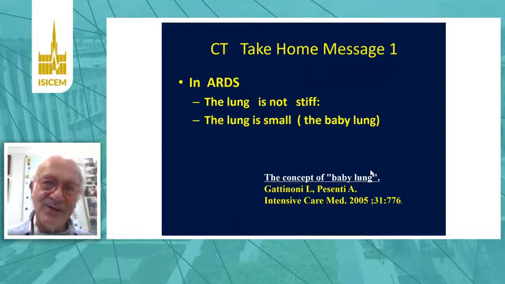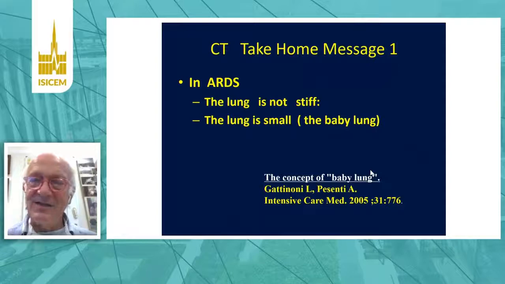And so we put forward the idea that in ARDS, the lung is not stiff, but is rather small. Just a small portion of the lung is being ventilated. And that was called by Luciano Gattinoni the baby lung, the baby lung in an adult body. And that was and is a very important concept of which we'll see the evolution.